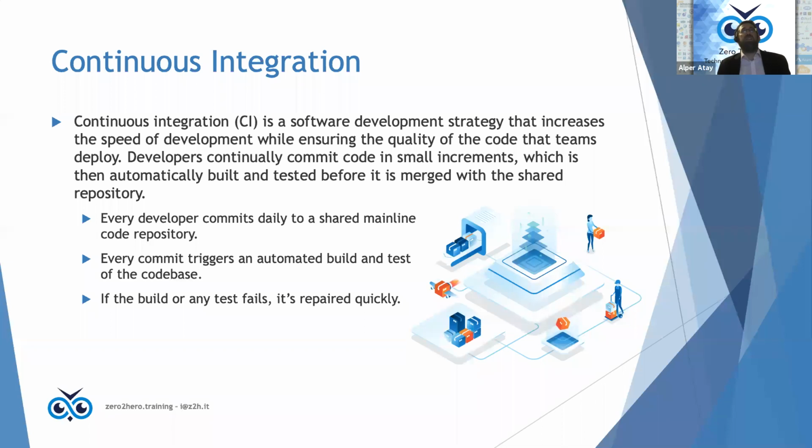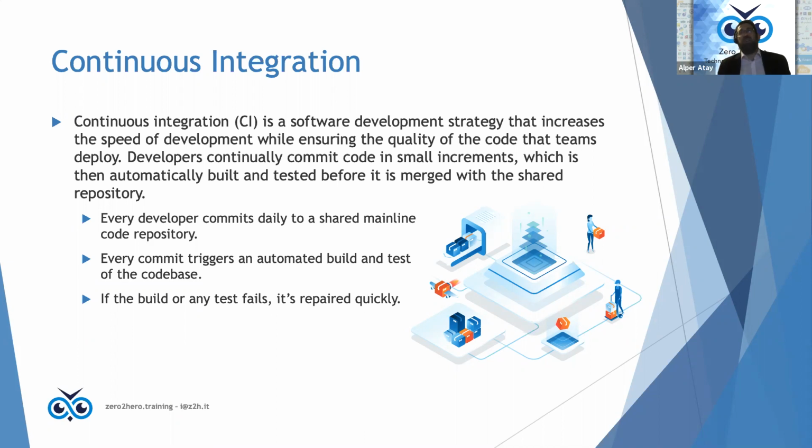So basically, every developer commits daily to the shared mainline code repository, and every commit triggers an automated build and test of the code base. So if the build or any of this fails, it can be repaired quickly.